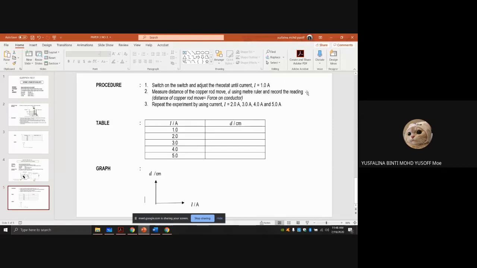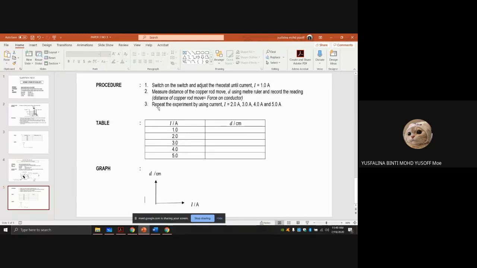Make sure you record the reading, every time you measure the responding variable. At the end you must say you have recorded the reading, and you make a notation here: distance of copper rod moved is equal to the force on conductor.